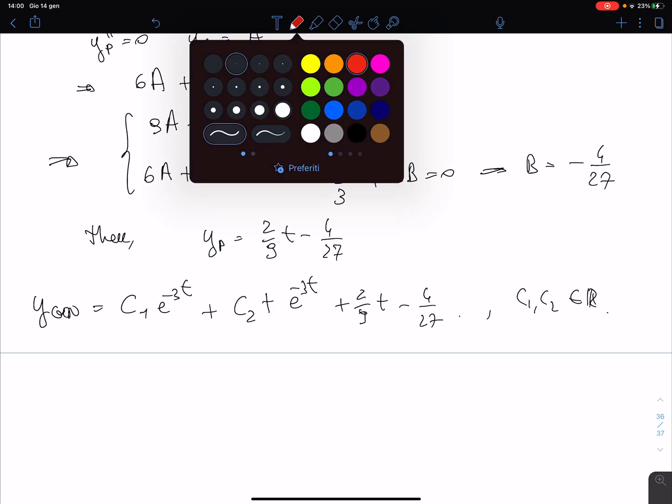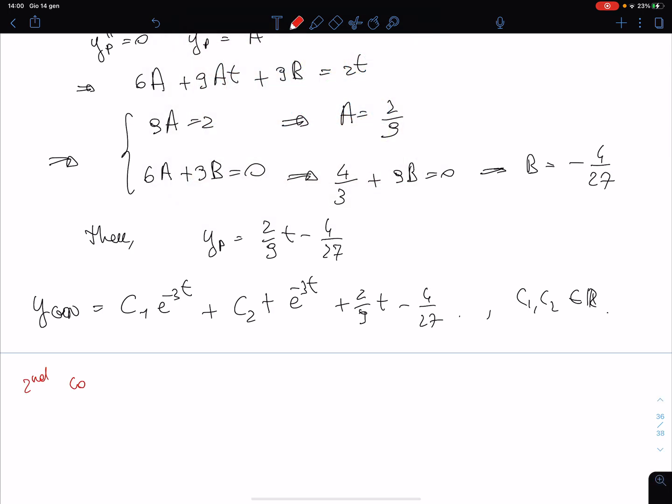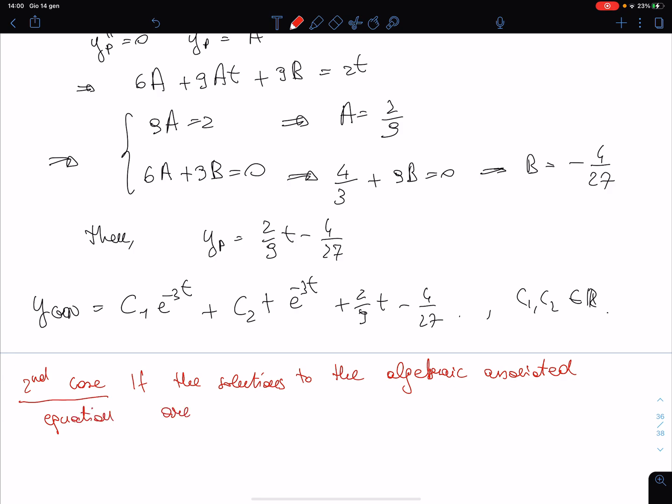So, second case for what concerns the algebraic associated equation. If the solutions to the algebraic associated equation are coincident, of course they have to be real to be coincident. Why?